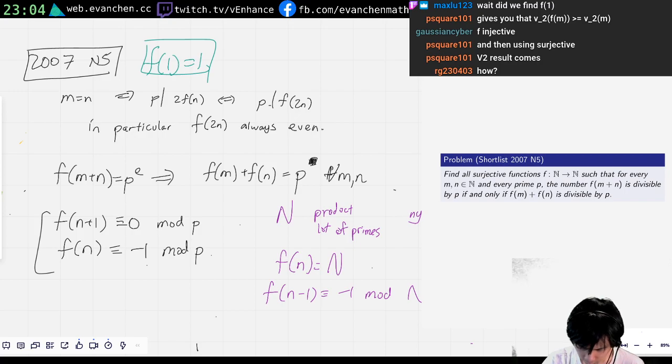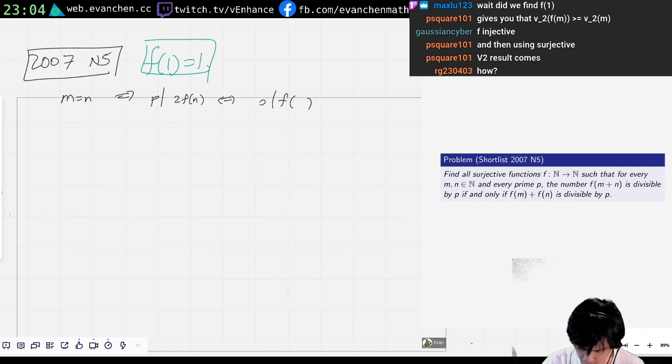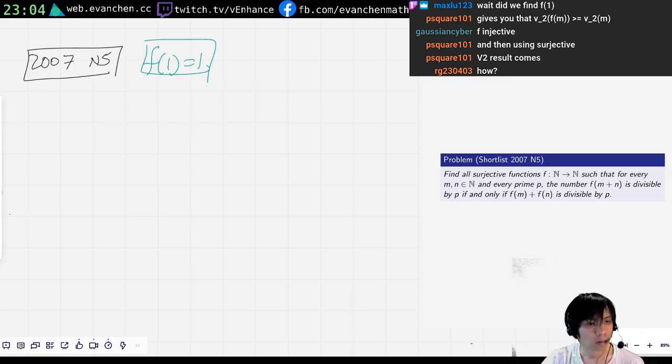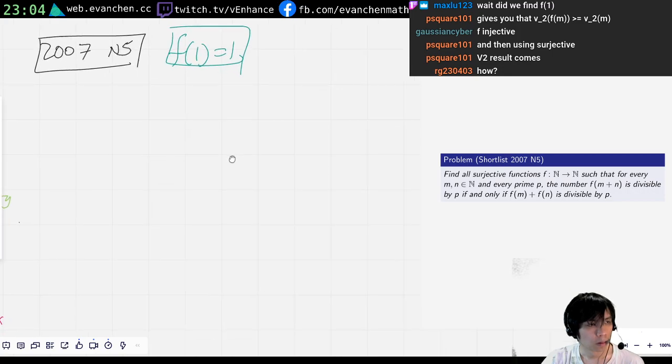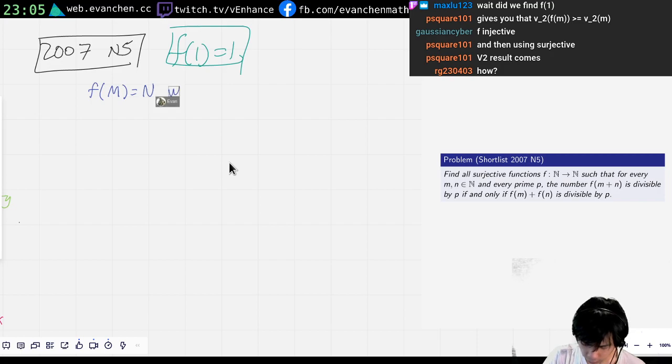I'm gonna wipe this section. I don't really like where this is going. So I have this f(1) equals 1 thing. I want to sort of have some anchor where I say like, suppose f(m) equals n, where n has many prime factors.